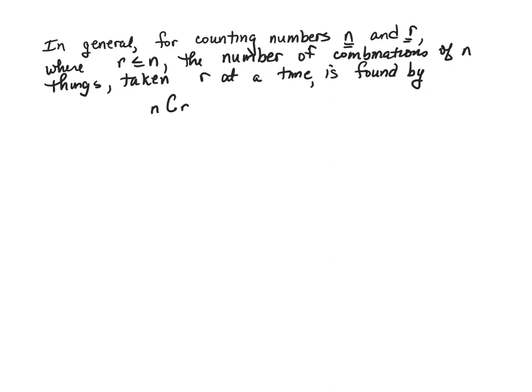N choose r equals nPr divided by r factorial.